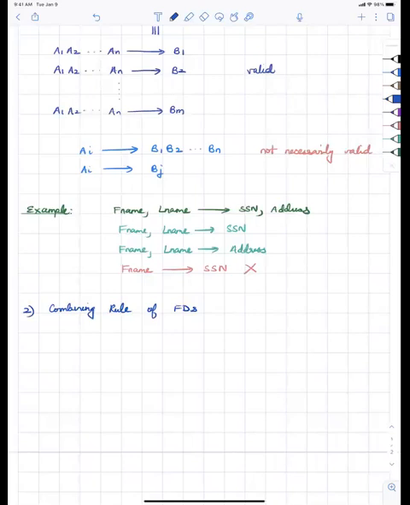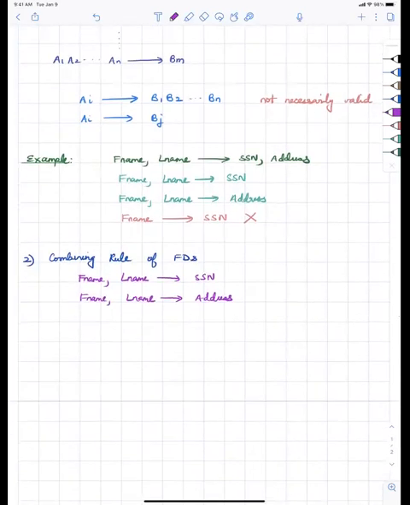If you are given something like first name, last name determines social security number, and first name, last name determines address, essentially what this is saying is you look at some place and you find that there are two different tables: first name, last name, social security number, and a different table with first name, last name, and address. Why have two tables? Why not combine it into one table?